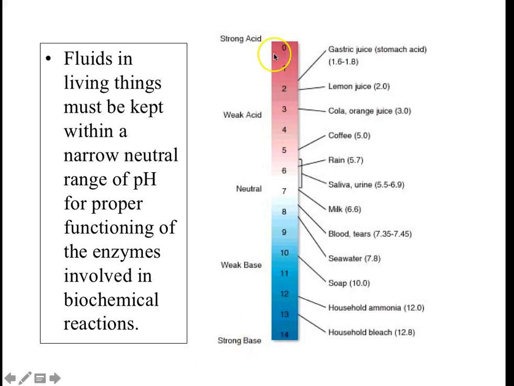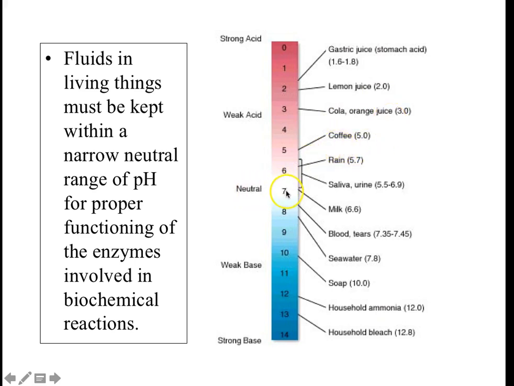So scientists found out that you could quantitate how acid or basic a solution is by measuring its pH. And I'm sure you've used pH paper and things of that nature. So the body wants neutral, pH 7. If it goes below 7, to 5, 4, 3, 2, 1, that's going to be very acidic, like lemon juice and Coca-Cola and coffee.